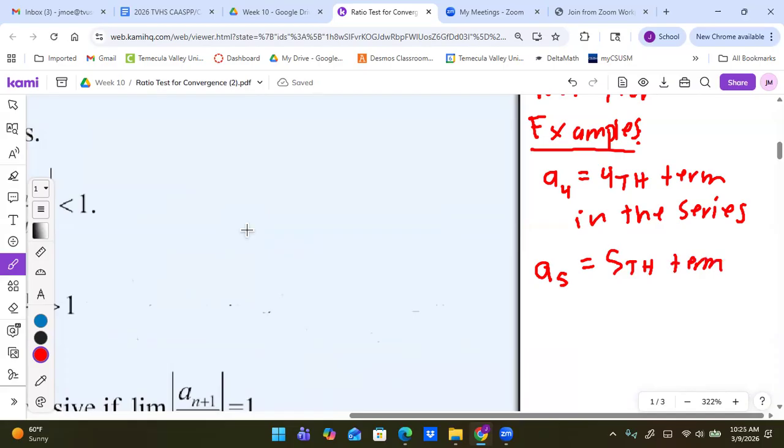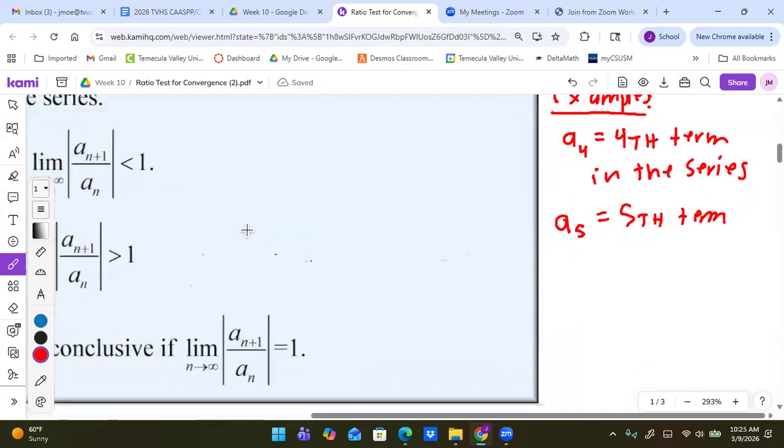Okay, I want to go over a sub n plus 1. Look, a sub 4 is the fourth term, a sub 5, if you add 1 to 4, 4 plus 1 is 5, that's just going to be the fifth. A sub 5 is the term right after a sub 4. So same thing here, this a sub n plus 1.